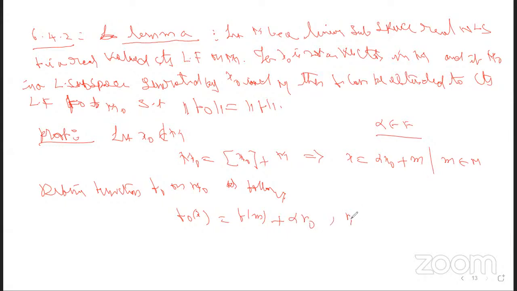R0 is a real number chosen such that the norm of F0 equals the norm of F. So by definition, F0 is linear, which means F0 of m equals F of m for all small m belongs to capital M.